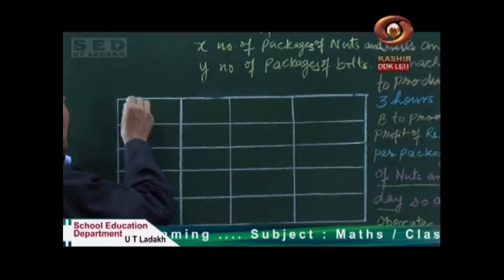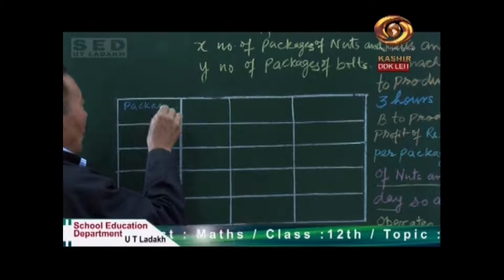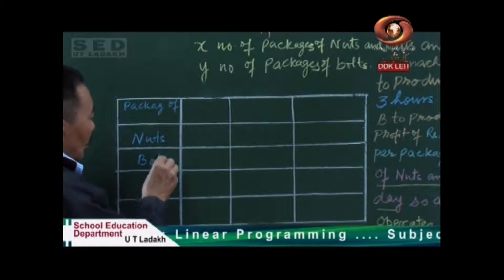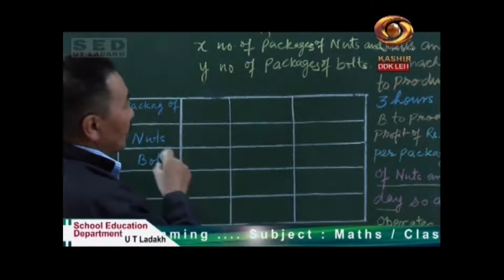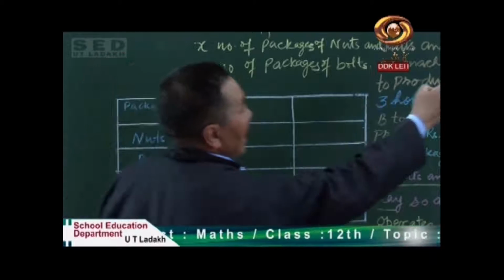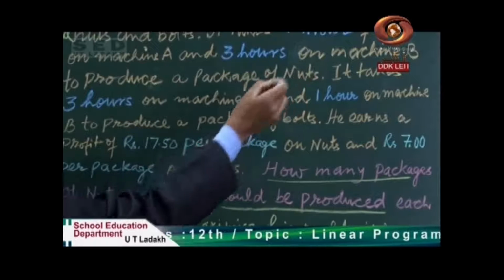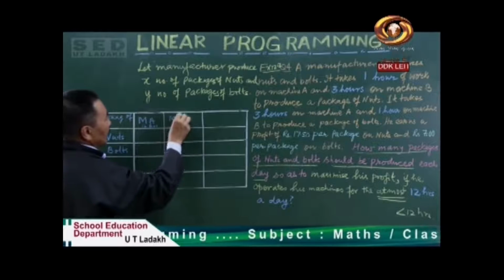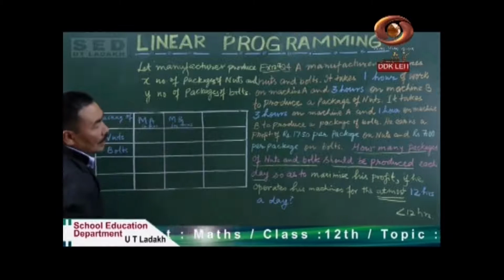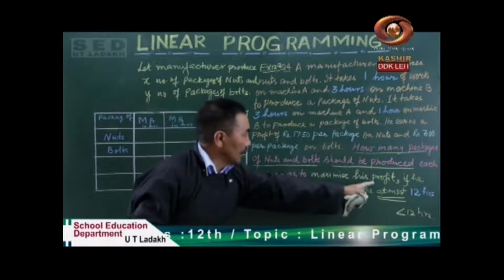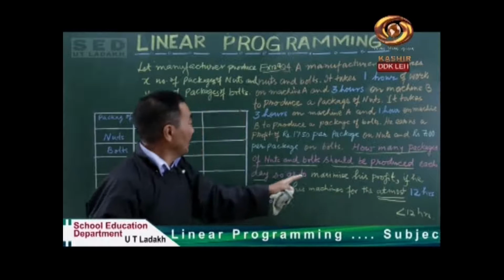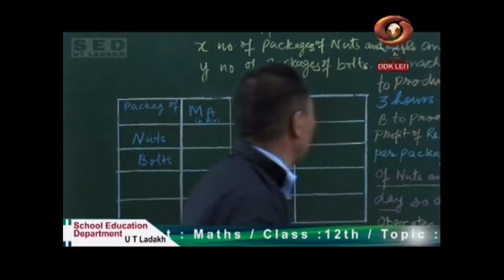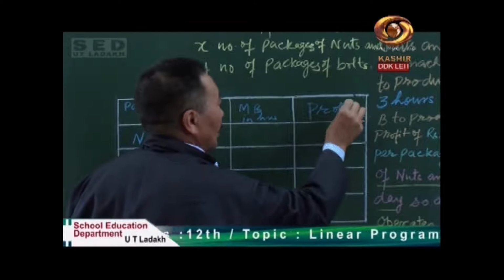I will write down package of nuts, bolts, and we have to use two machines, machine A and machine B, in hours, and our objective function is the maximum profit. This is the other column.